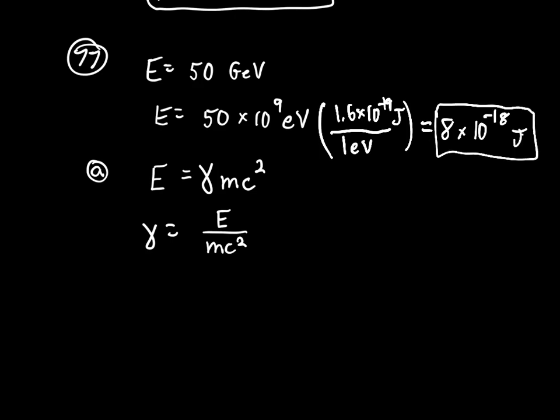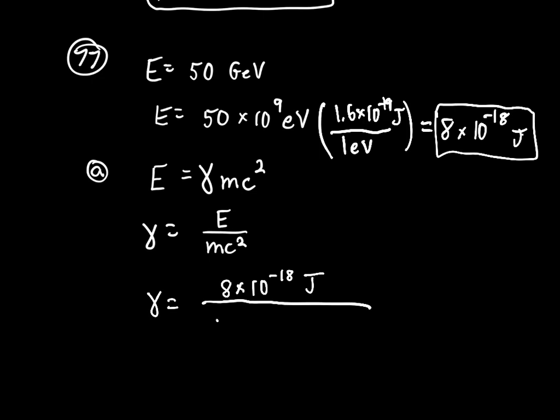Okay. So now I can take this gamma, and this is equal to 8 times 10 to the negative 18 joules, divided by mass. What kind of particle am I using here? What is gamma for an electron? So what mass do I plug in?